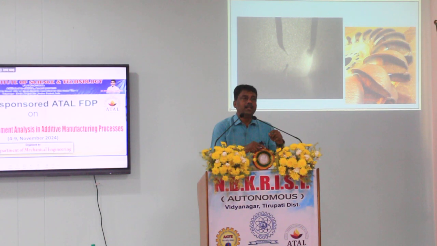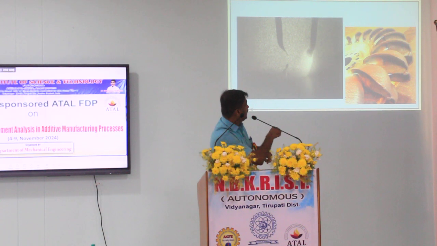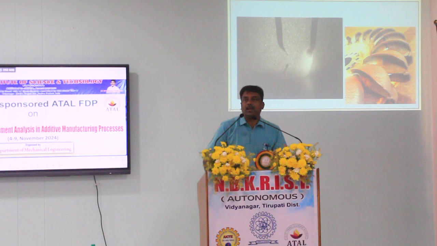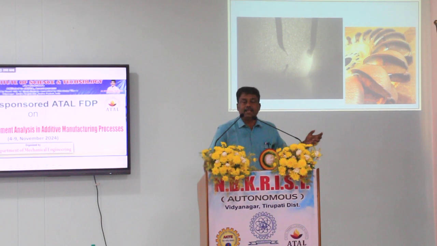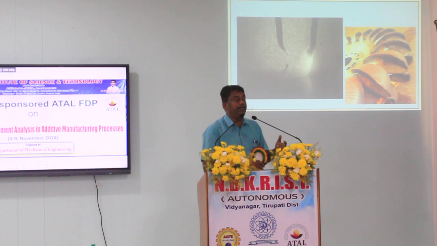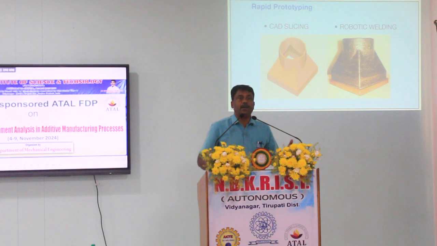If you use a dual wire, we start with a steel wire deposition and continuously change the nickel concentration during printing, such that the composition gradually evolves and becomes a full nickel-based alloy at the regions where we expect corrosion resistance. So the advantage of using a welding-based system here is that we can print a large component like this, and we can also bring in the advantages of functional gradation by changing the composition as and when we print. Right? So therefore this technique becomes very interesting to print large components.